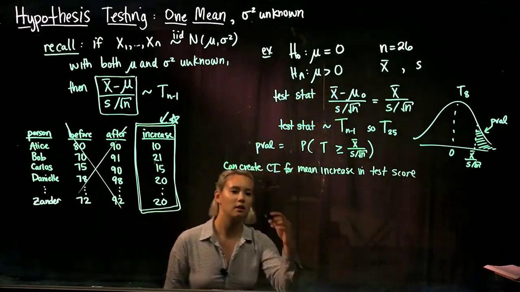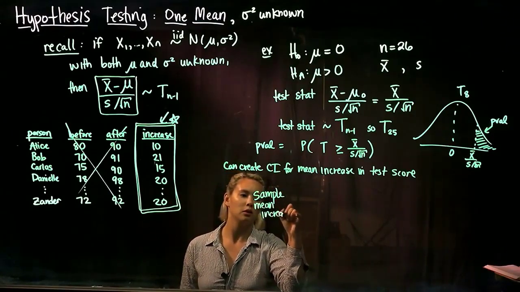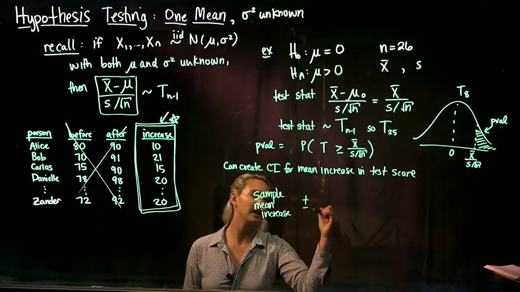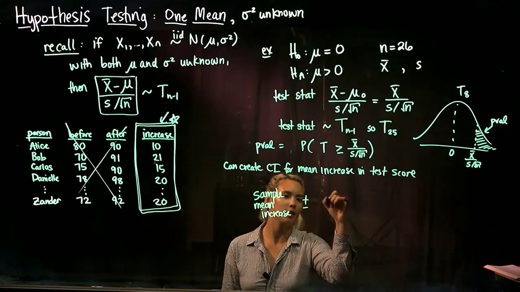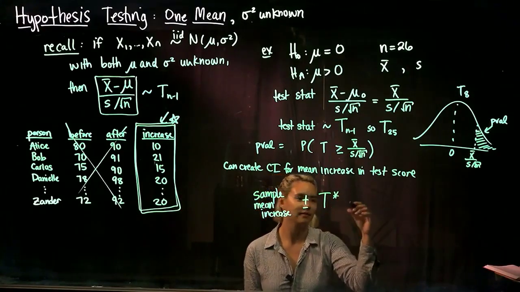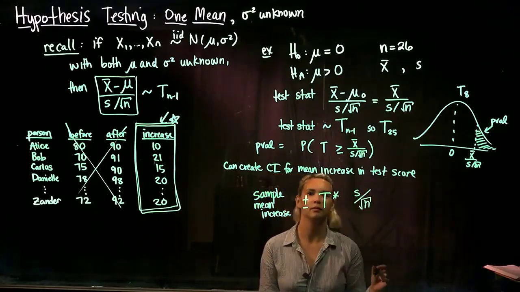So it's just going to be our sample mean increase plus or minus our special value of t times s over root n.